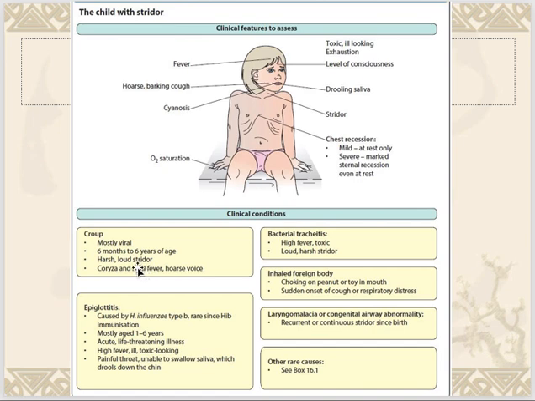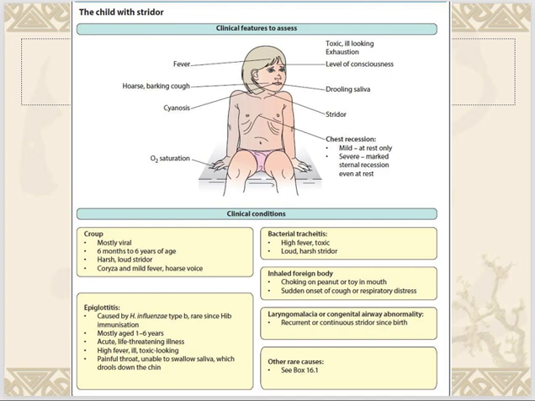It is worse at night, so it disturbs the parents and the baby a lot, and the stridor is also there. Mostly it's a clinical diagnosis, but even if you go for a chest x-ray, sometimes you can find a steeple sign. The steeple sign is basically subglottic narrowing.